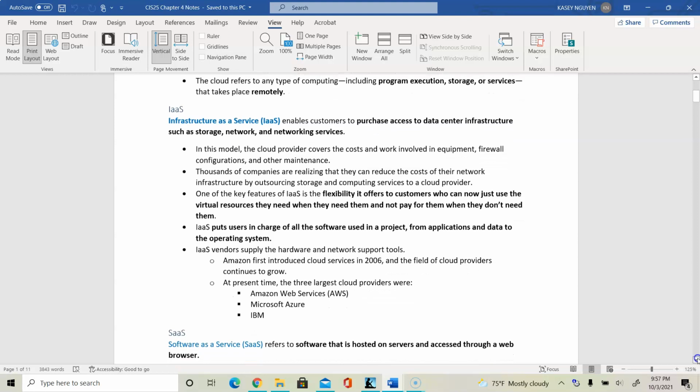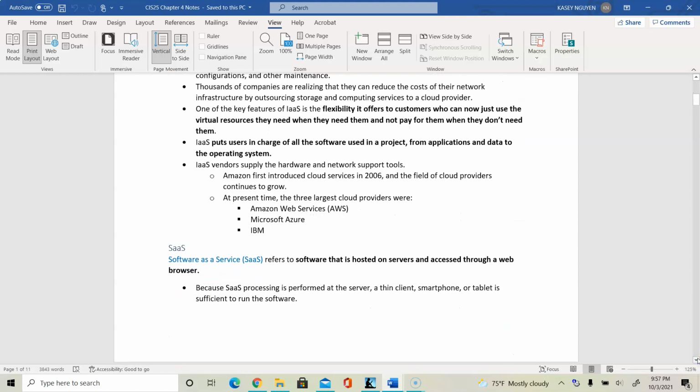Now, software as a service, SaaS, refers to software that is hosted on the servers and that will be accessed through the web browser. So software as a service is used to provide applications for different type of systems such as thin client, which is a small scale computer that has minimal hardware that is connected to the network and eventually the internet to be able to access applications, virtualizations, and so on.